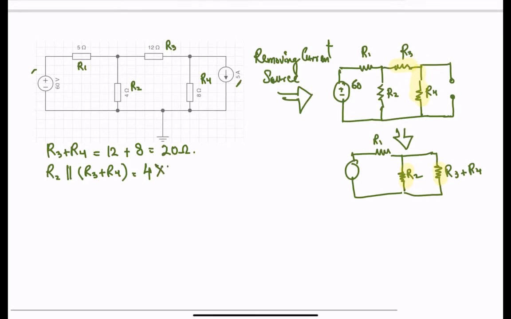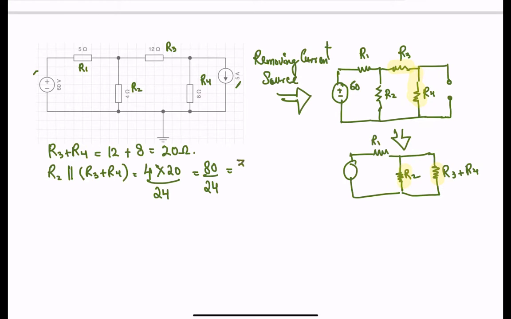So that would be 4 times 20 divided by 24, since 20 plus 4 is 24. That gives you 80 divided by 24, which is equivalent to 3.33 ohms.